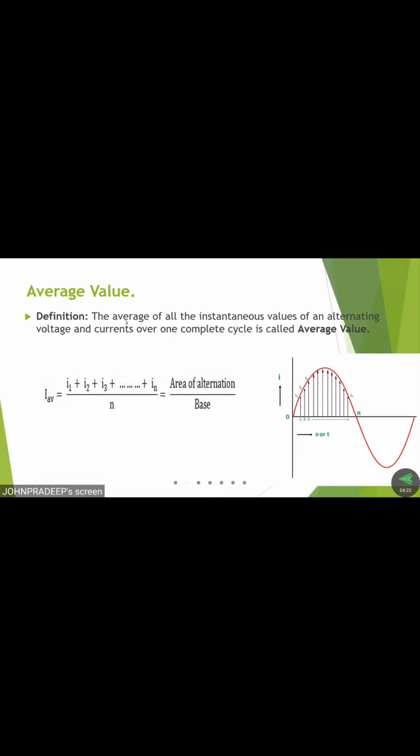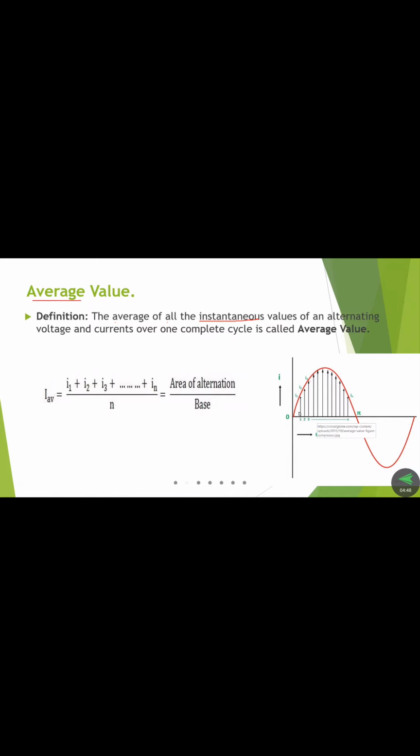The word itself says it is an average. Average of which? Average of all instantaneous values. In this diagram, I1, I2, I3 up to In are the instantaneous values. If we take their average, that is called the average value.